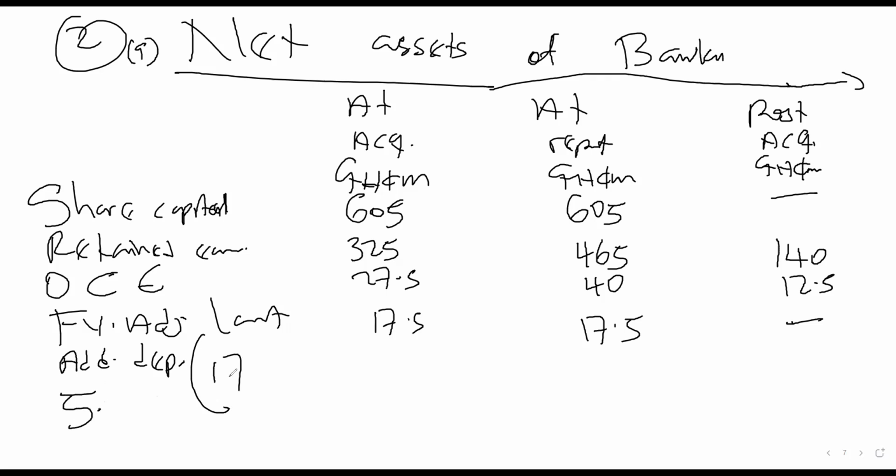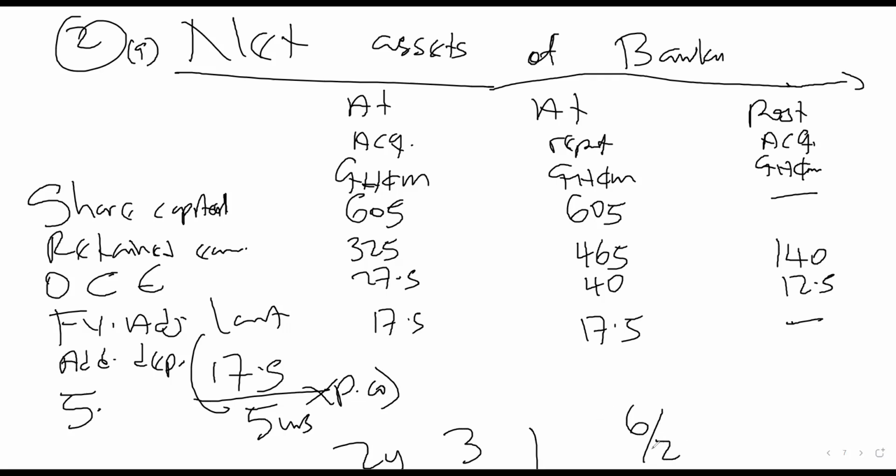So pick this 17.5 divided by the life left, 5 years. Now watch this. Multiply by the period of consolidation, not just 1 year. If your period of consolidation is 2 years, multiply by 2 years. If it's 3 years, multiply by 3. If it's 1 year, multiply by 1 year. If it's 6 months, 6 over 12.